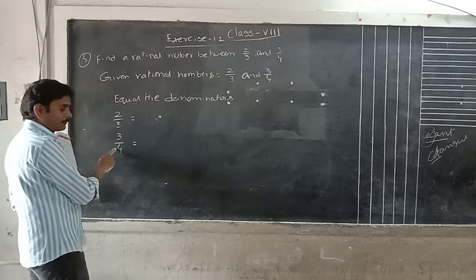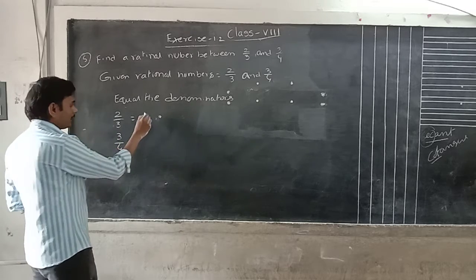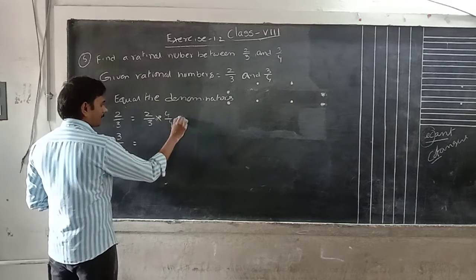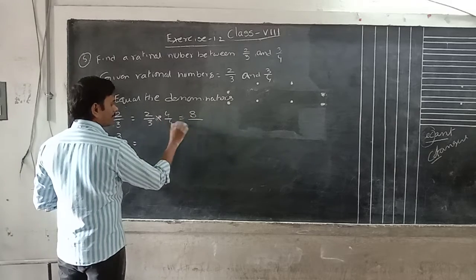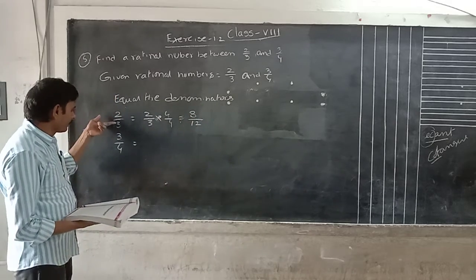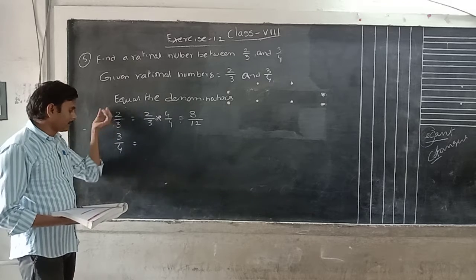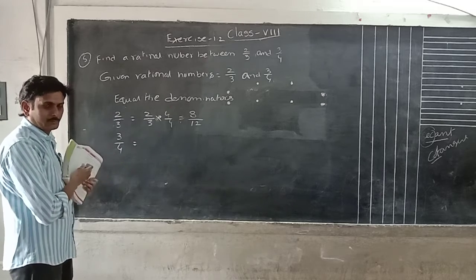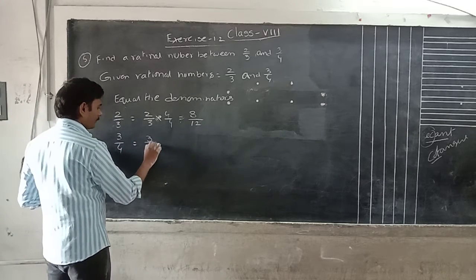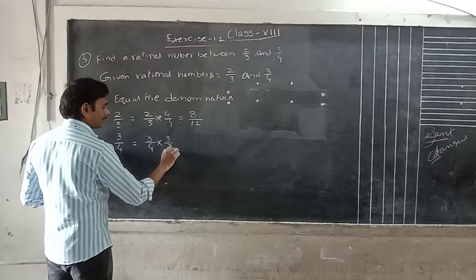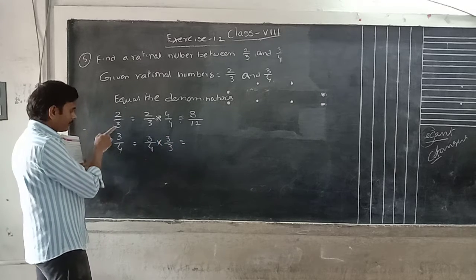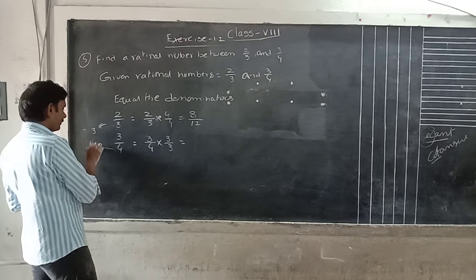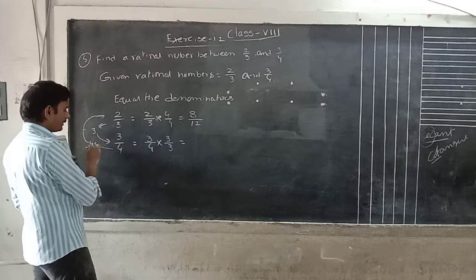That means the first one multiply with 4 by 4, the second one multiply with 3 by 3. Then 3 times 4 is 12, and 2 times 4 is 8. Then the denominators will be equal. 3 by 4 is multiplied with 3 by 3, just reverse. We get 3 times 3. Multiply this one with this one, with 3.